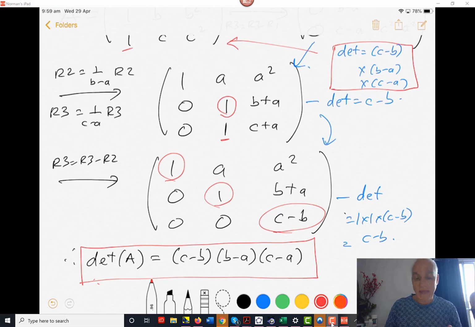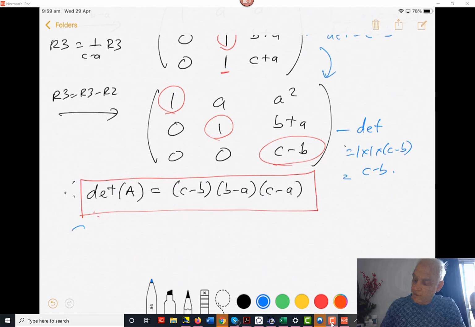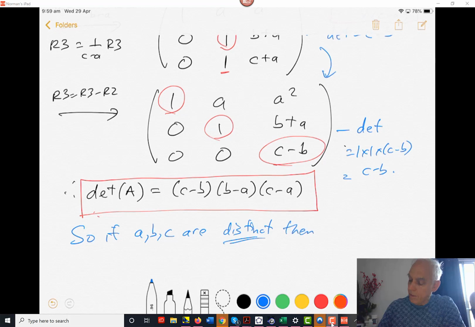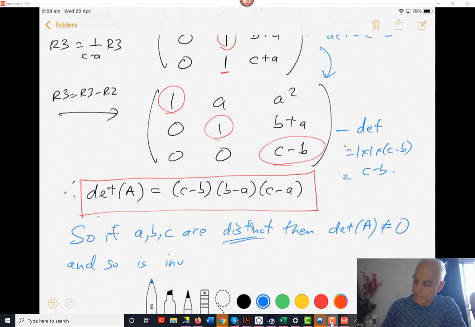So in particular, if a, b, and c are distinct, so that no two of them are equal, then the determinant of A does not equal 0, and so A is invertible. And it might be a fun little exercise for you to calculate what the inverse is in this case.